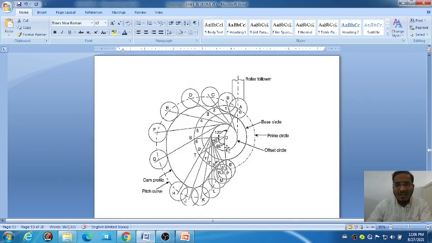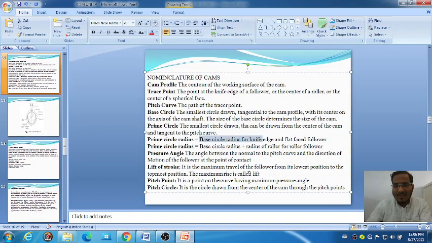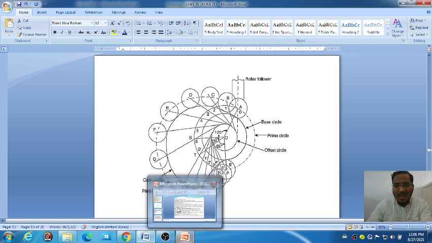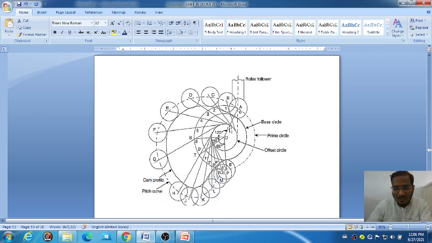What we are seeing here is the angle between the normal to the pitch curve and the direction of the follower. This is the direction of the follower, and this angle is called the pressure angle.